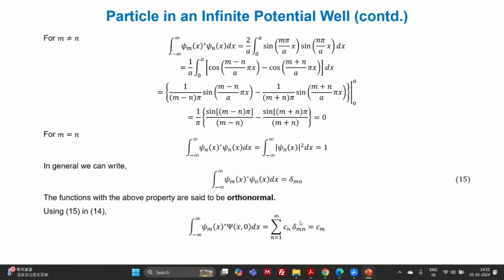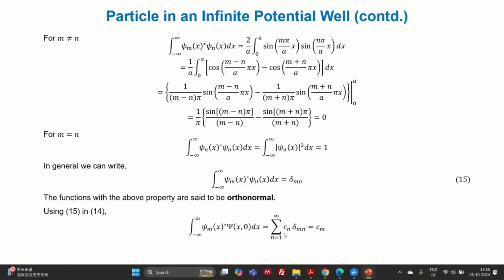Only one term is non-zero. See, n is running from 1 to infinity, so it's going to be C1, C2, C3, and so on. At one point, it will also match my m. Say m is equal to 7. In this summation, I have C1 times delta of 7 and 1, which is 0 because they are not matching.